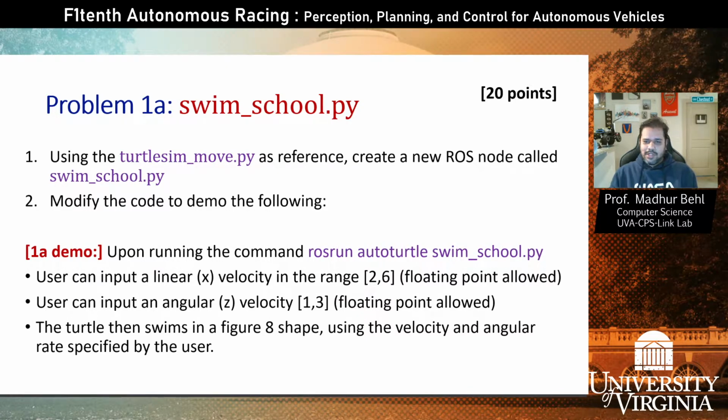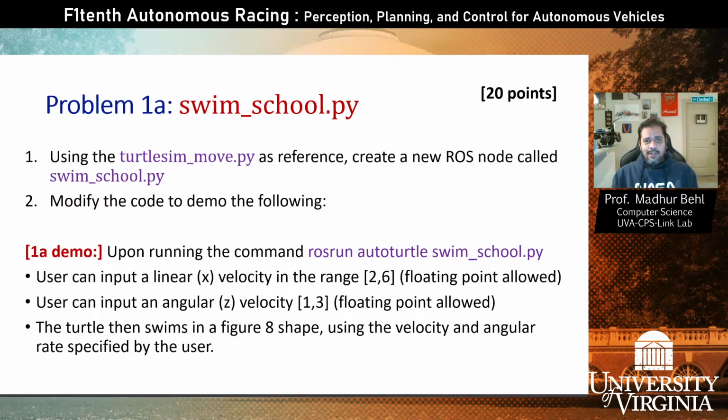In this case, the range should be between 2 and 6, but this is not always an integer. I could input 2.3 or 3.6 or whatever. Let's say up to one place of decimal, and it's not specified, but I just realized that we should probably specify that. So the user can input a linear velocity in this range, and similarly, the user can input an angular z velocity in the range 1 to 3, again with floating points allowed.